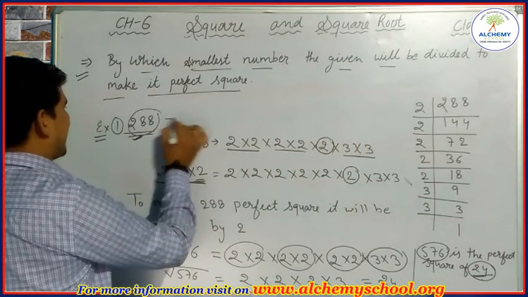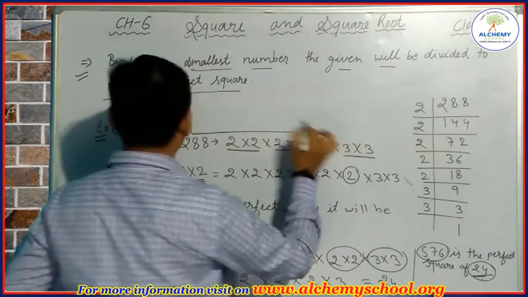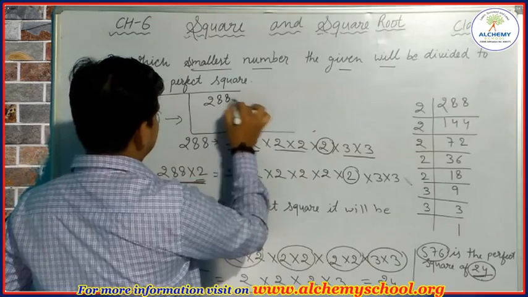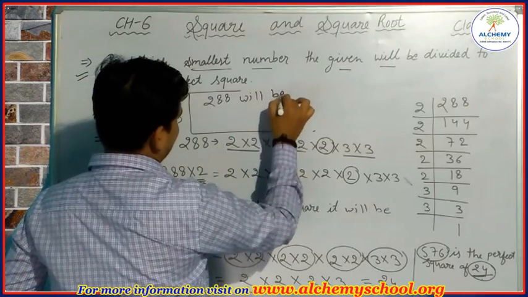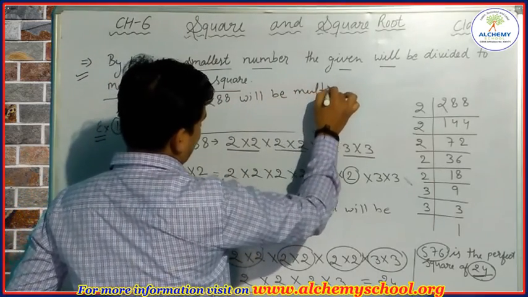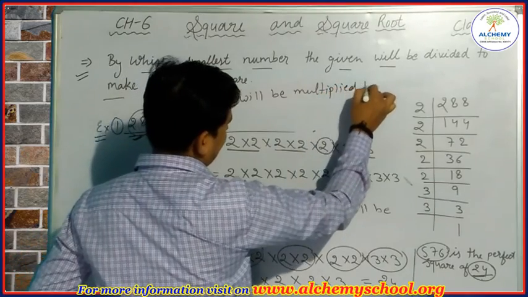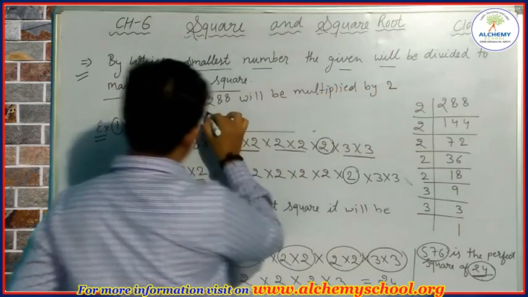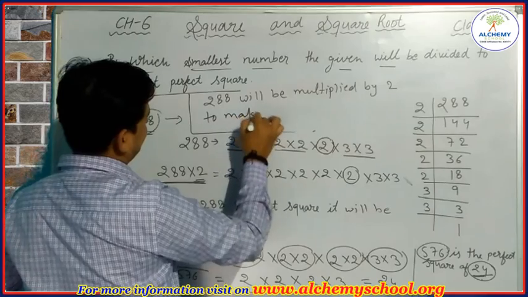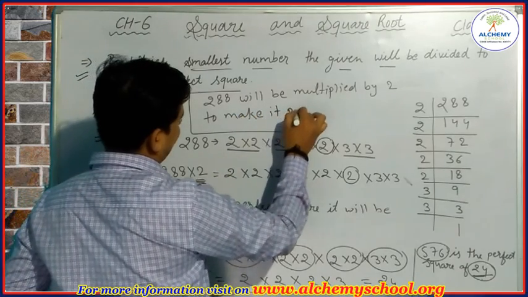In this case we can write that 288 will be multiplied by 2 to make it a perfect square.